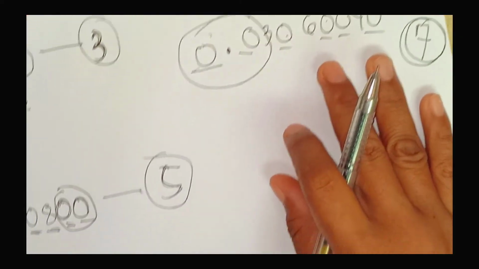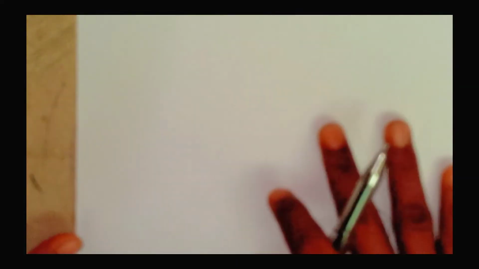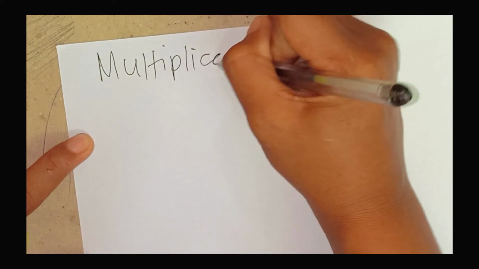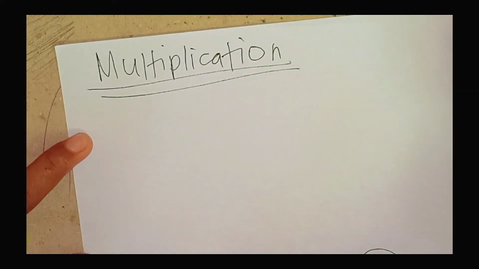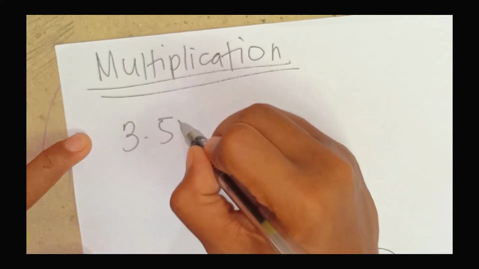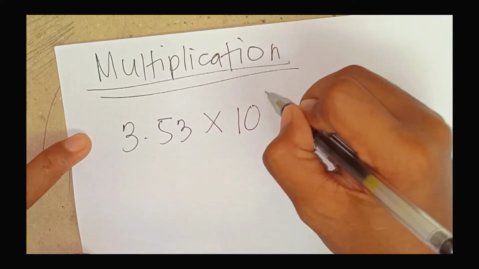Next, we try to apply the multiplication operation. Let's say we have 3.53 times 10 to the power of 4.